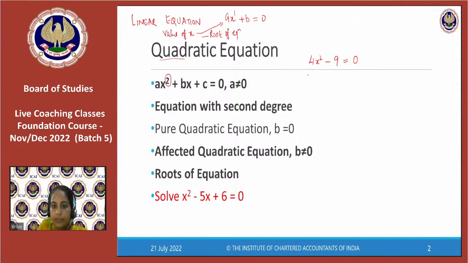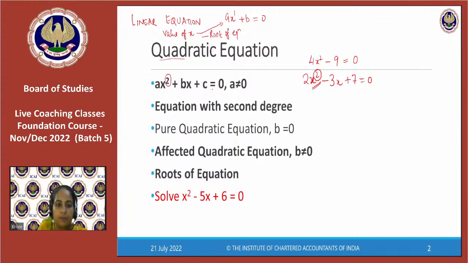I'll repeat, something like this: 2x square minus 3x plus 7 equals 0. When the highest power of the variable is 2, we call it variable square. So this is x square.